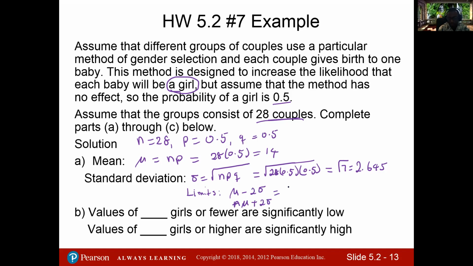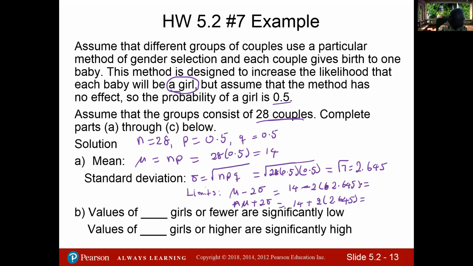So for the mean, it is 14 minus 2 times 2.645, and the second is 14 plus 2 times 2.645.